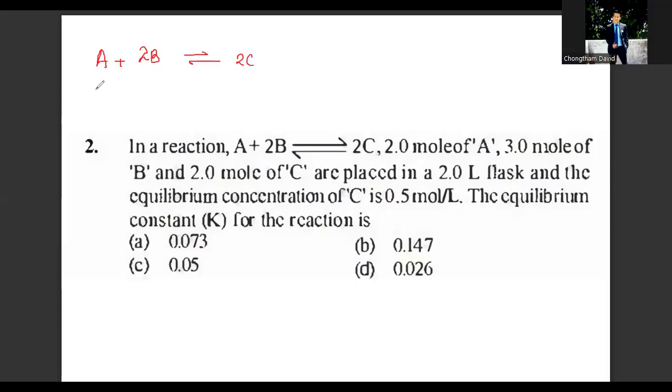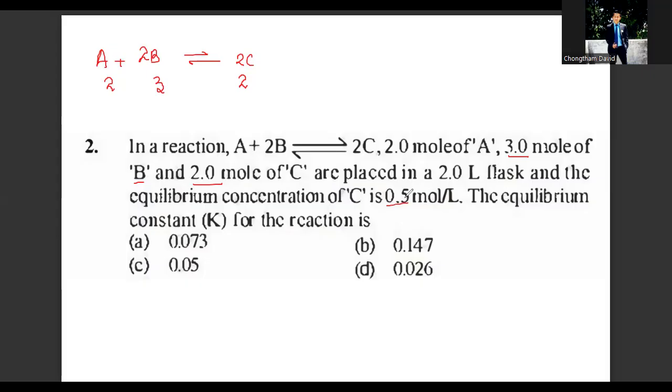Now let us draw the ICE chart. In the initial moles, we have 2 liters, and this would correspond to 3 mole because the question gives 3 mole of B, and now you have 2 moles of C. So this is the initial mole concentration. At equilibrium, the moles in 2 liters would now change.